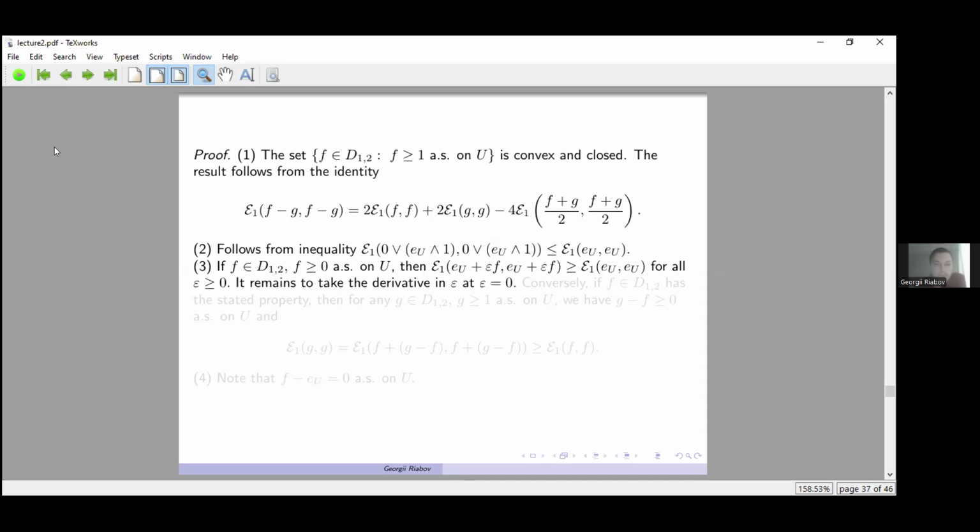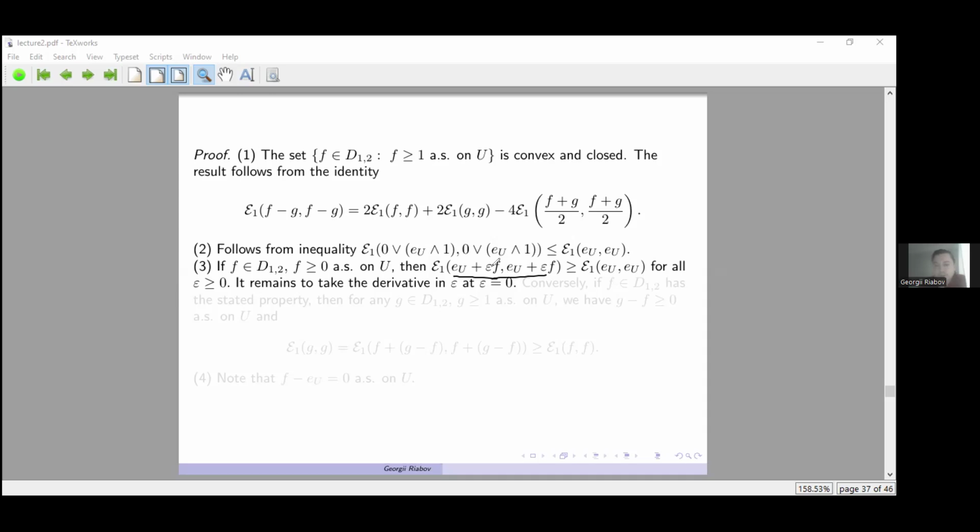Now, assume that function f is non-negative on U. Then if we add epsilon f to EU, it will be greater or equal to 1 on the set U. So this means that this expression will be greater or equal to the capacity of U. In other words, it attains its minimal value at epsilon equal to 0.